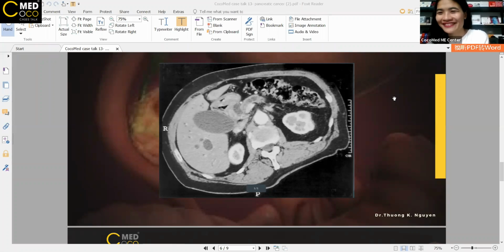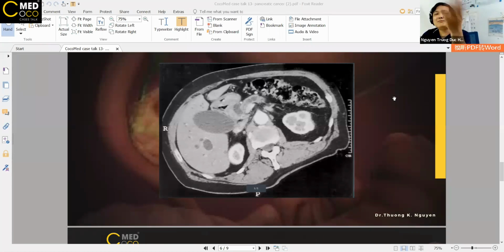Maybe it's not the guideline, but in my hospital, many people say it's around 10% for 3 months. Yeah, 10% for 3 months.